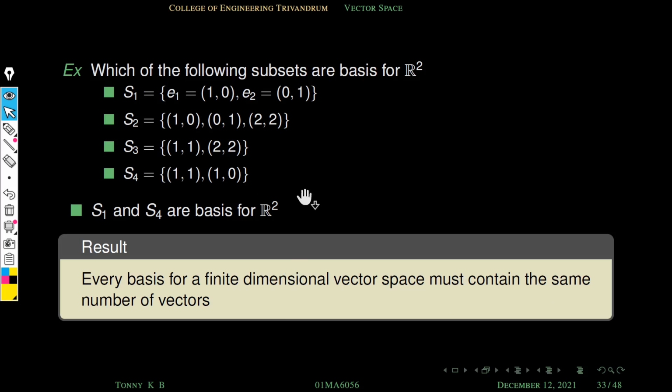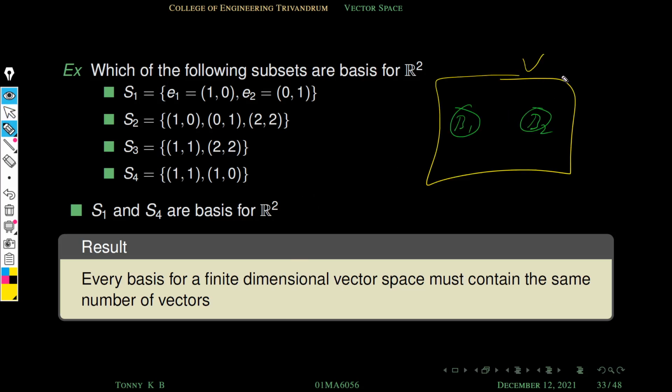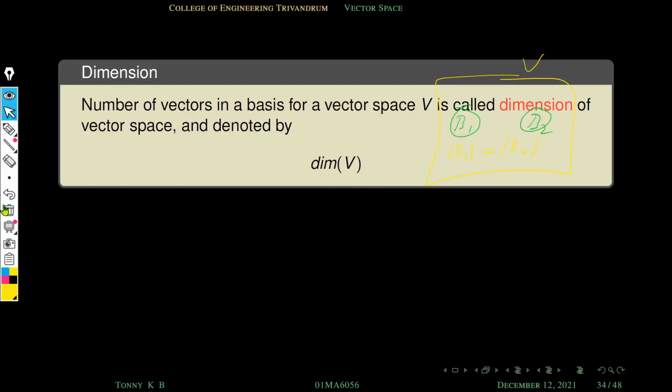That means if you consider a finite dimensional vector space V, and suppose B1 and B2 are two bases for V, then this result says that the number of elements in B1 must equal the number of elements in B2. Okay, that is true. So every basis for a particular vector space has the same number of elements, and that number is defined as the dimension.